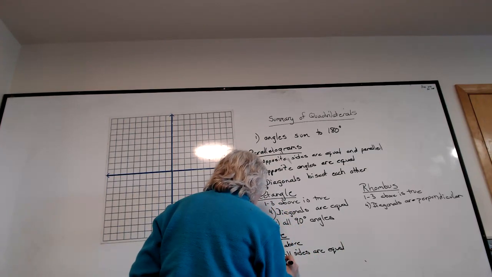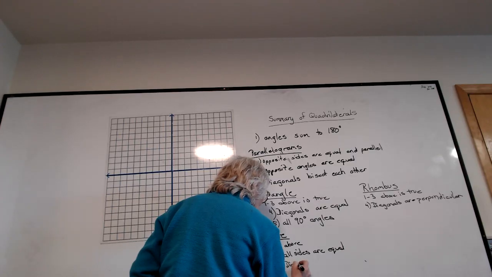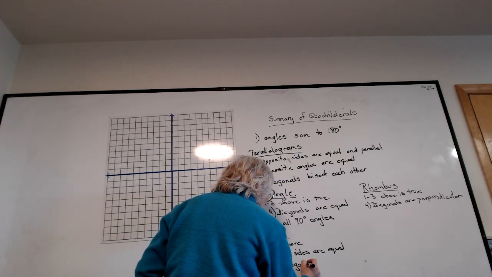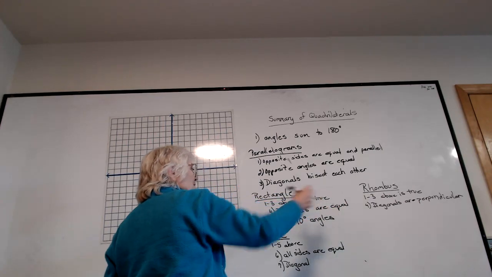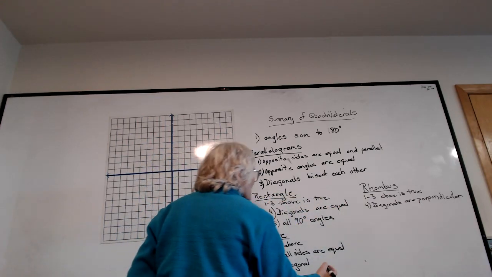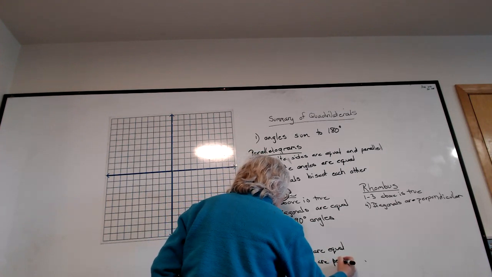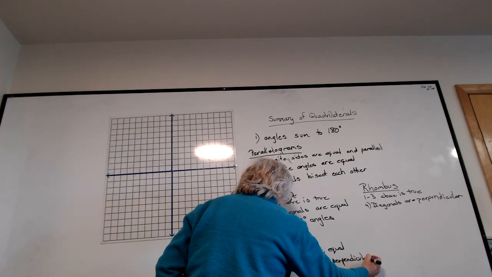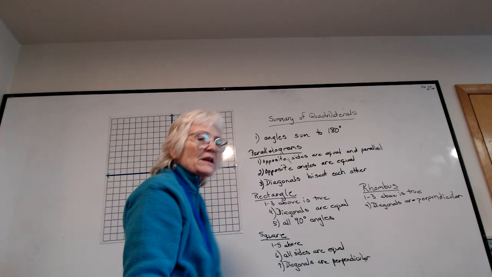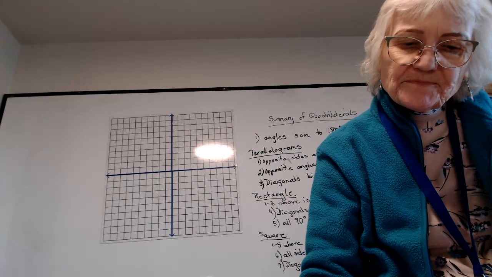And 7, it is true that the diagonals here are also perpendicular, because it fits kind of like the rhombus. When the sides are equal, the diagonals are perpendicular. Okay, so that's stuff that we can say about those. Okay.